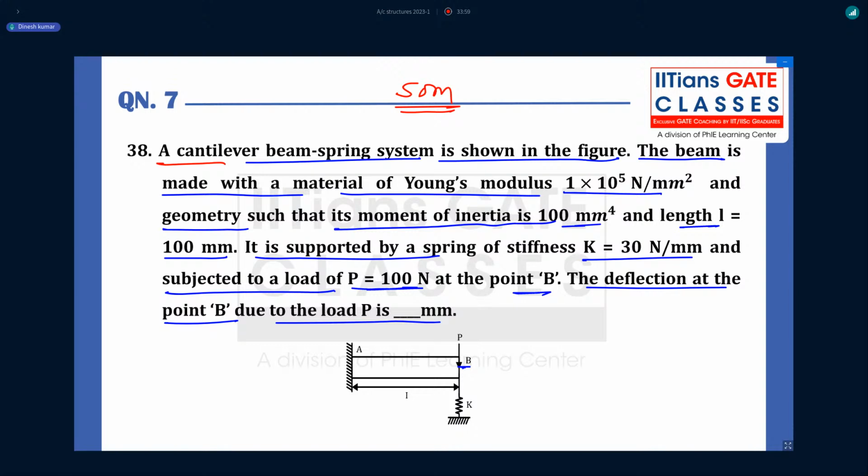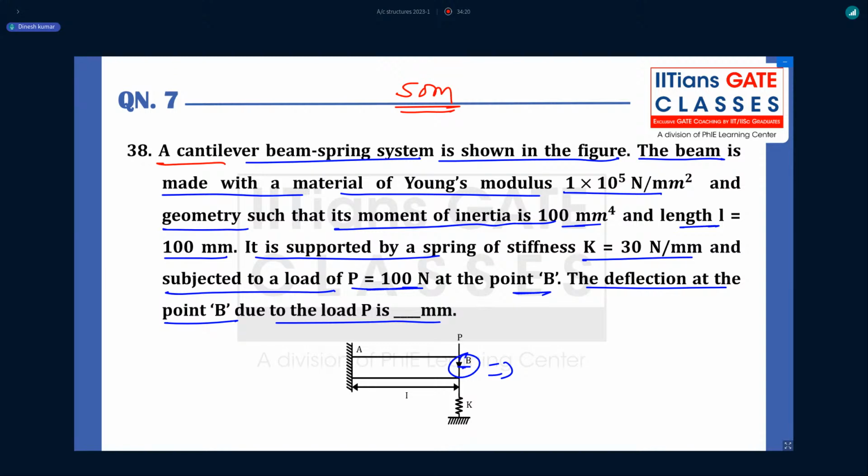So guys, how to solve this question? Basically, you need to idealize this as a two-springs kind of system. Now guys, tell me this point B is what? A junction point.